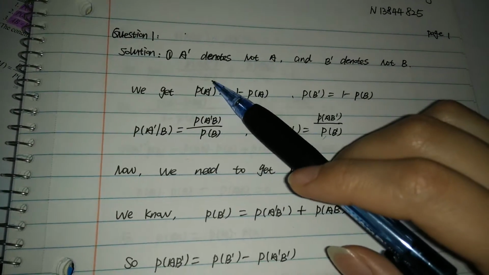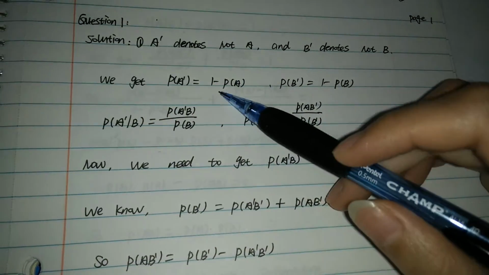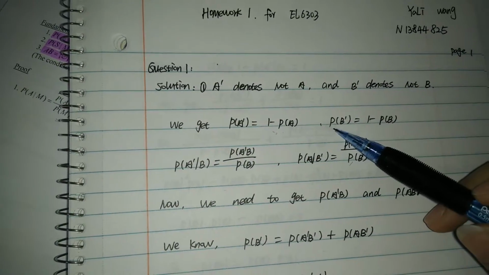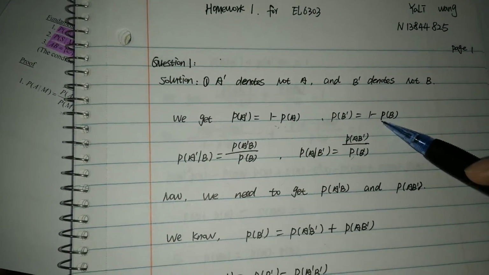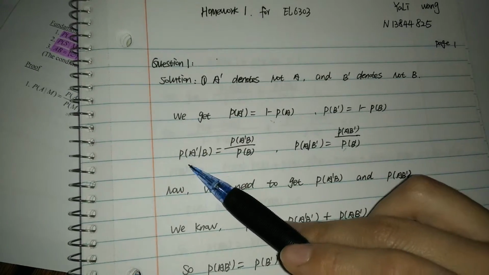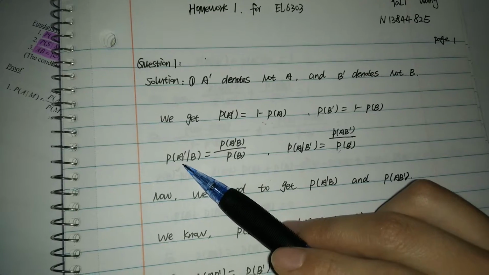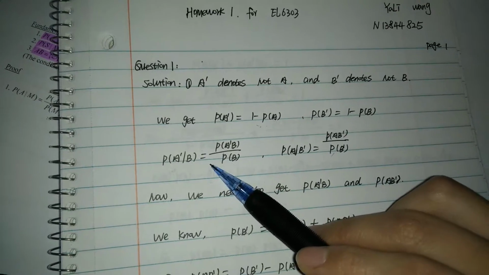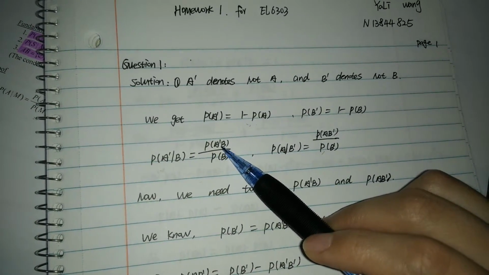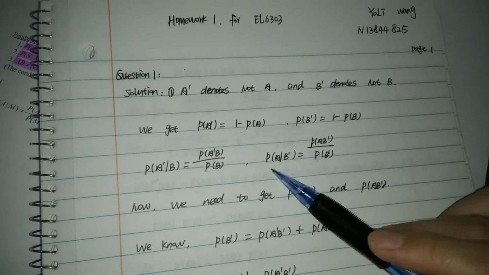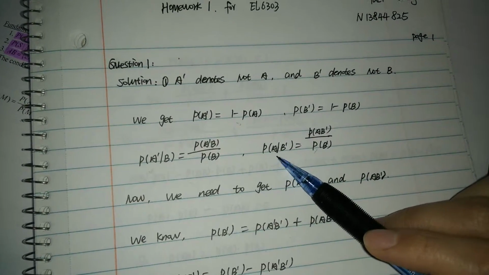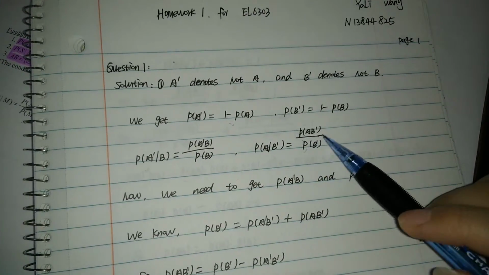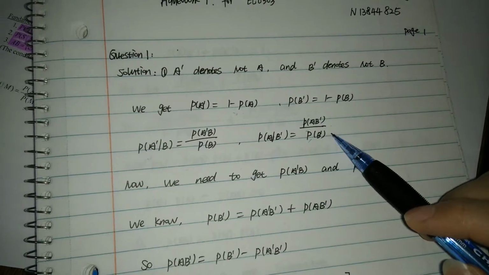We know the probability of A naught equals 1 minus probability of A, and the probability of B naught equals 1 minus probability of B. According to the conditional probability, the probability of A naught given B equals the probability of A naught times B over probability of B, and the probability of A given B naught equals the probability of A times B naught over probability of B naught.